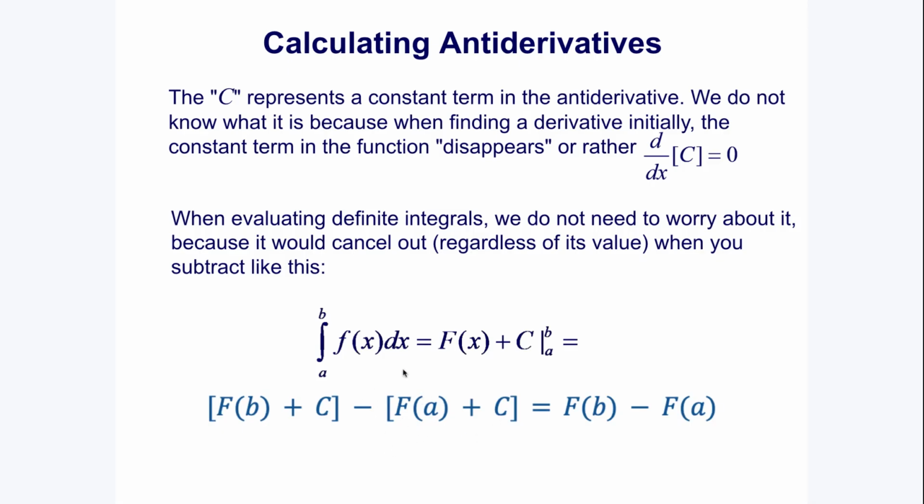If you distribute this negative, you can see that this positive c will cancel out with this negative c, and we end up with the original F of b minus F of a without the constant in it. So anytime you do an antiderivative with limits, ignore the c altogether. And then I will talk about when we don't ignore the c.